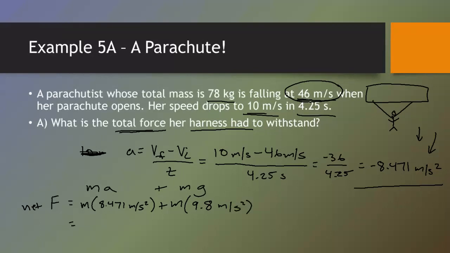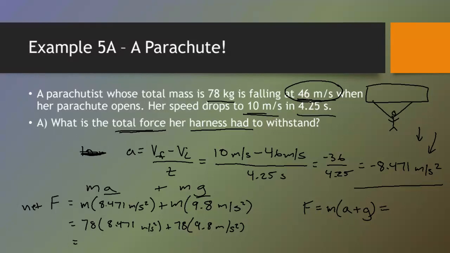Or we could write, I'm sorry, this is 78 times 8.471. There's a few different ways to do this. Because we're adding these two vectors in the same direction, the acceleration from the parachute and gravity, we can just add those two and say that the force is equal to her mass, 78, times the total acceleration, a plus g.